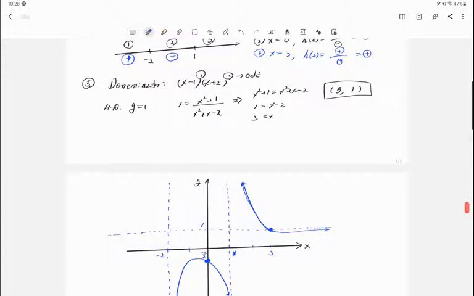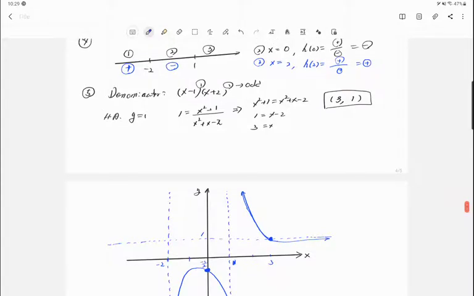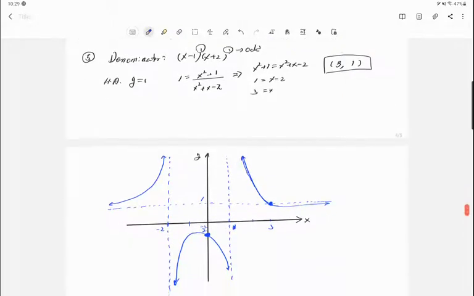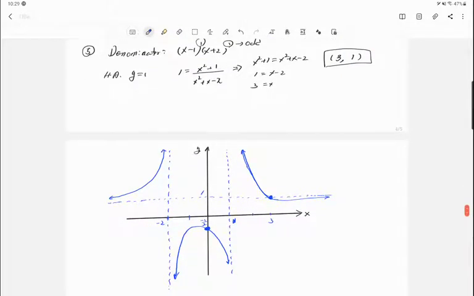All right, how about for the interval less than -2? That's positive, right? So the only way is this guy. Why? Do you remember the behavior near the vertical asymptote? One is below, right? So the other one should be above, right? This one going up, so this one should go this way.